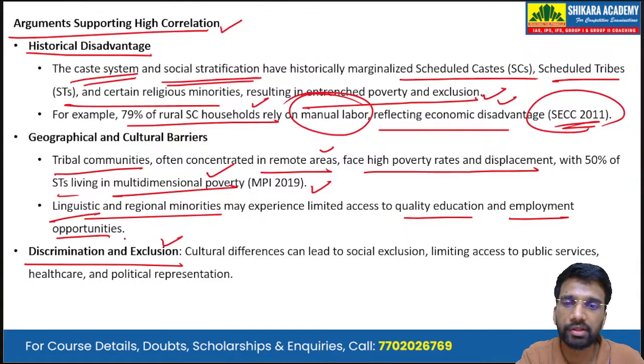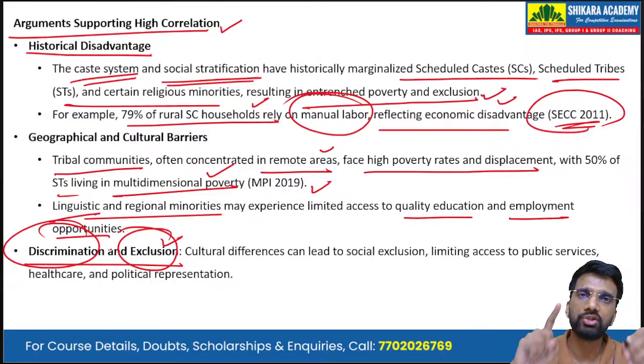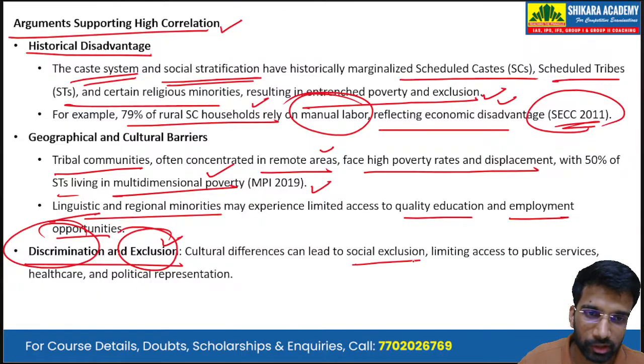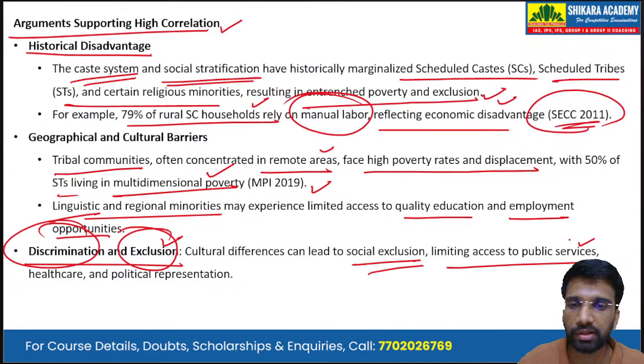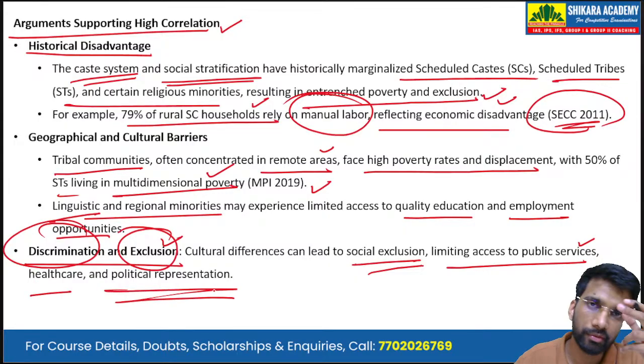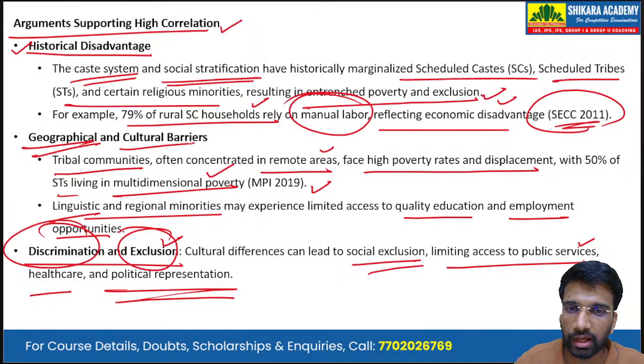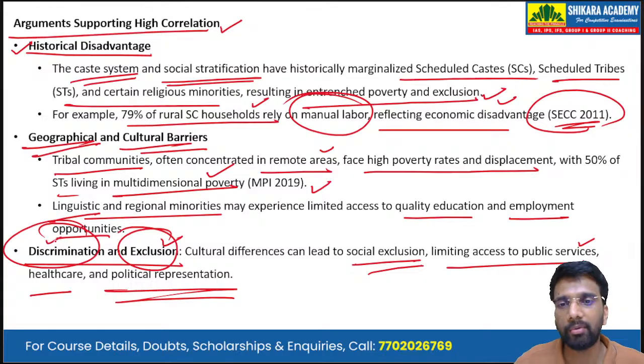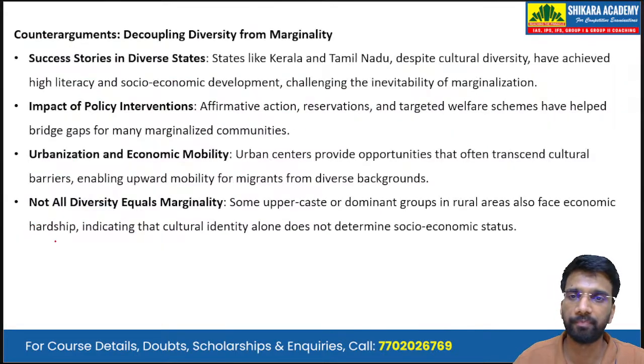Third is discrimination and exclusion. Cultural differences can lead to social exclusion, limiting access to public services, healthcare, and political representation. So starting with history, we then write about the geographical and cultural barriers, then the discrimination and exclusion.